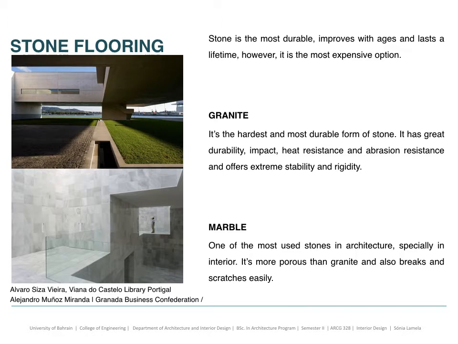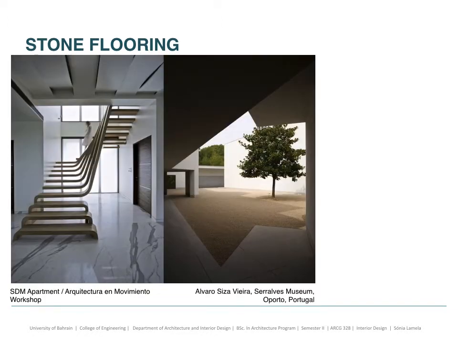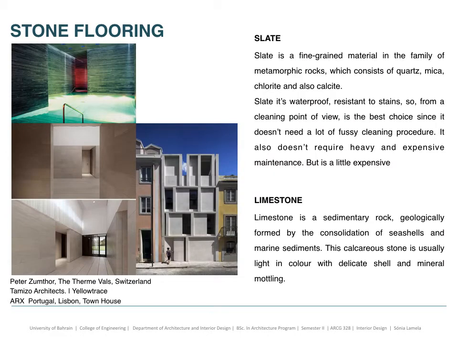And when it's used, it gets kind of destroyed with time. We have here two examples, the one on the left with marble flooring and the one on the right in the outdoor with granite flooring.